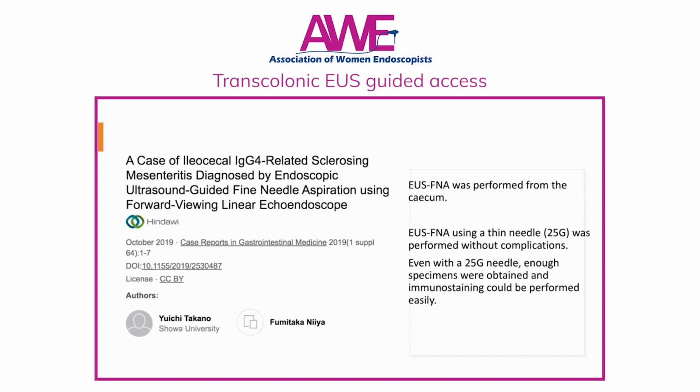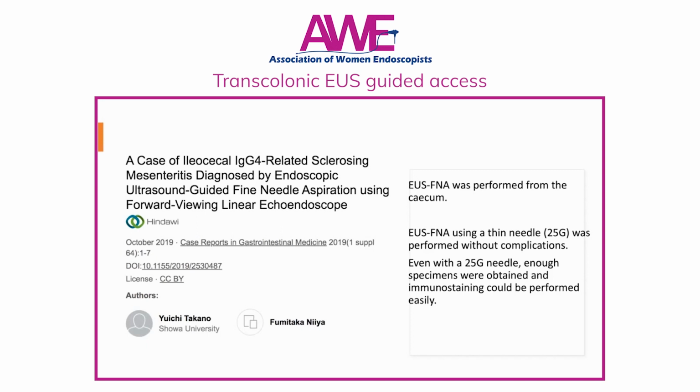However, smaller extracolonic lesions were quite difficult, and they needed fluoroscopy to help to find those lesions. They also carried out transrectal FNAs with the forward viewing scope, and they found that it was quite easy to maneuver the scope within the limited rectal space.